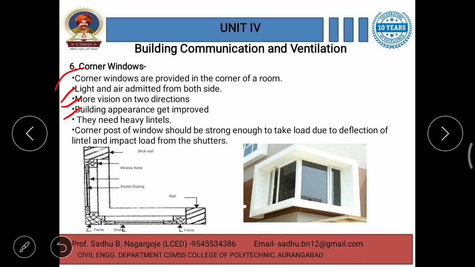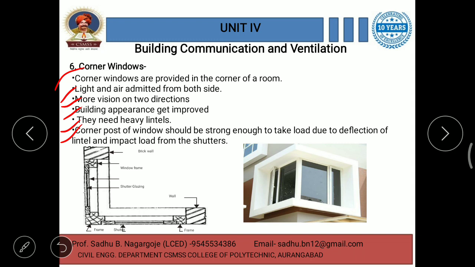Okay, as these are constructed at the corner, ultimately the appearance of that building improves. They need heavy lintels. Corner posts of windows should be strong enough to take the load due to the deflection of the lintel and impact load from the shutters.